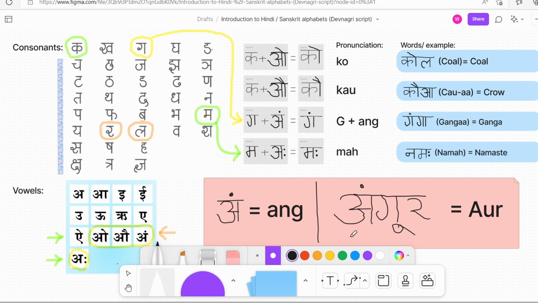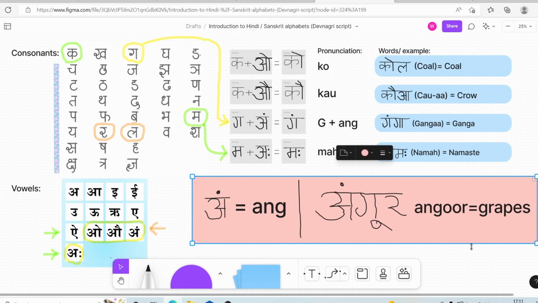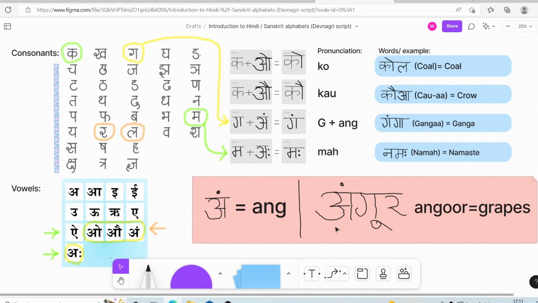Gu comprises of G plus U. Angur means grapes. Pronounced as Angur, and in English it means grapes.